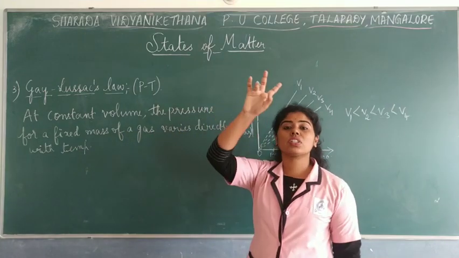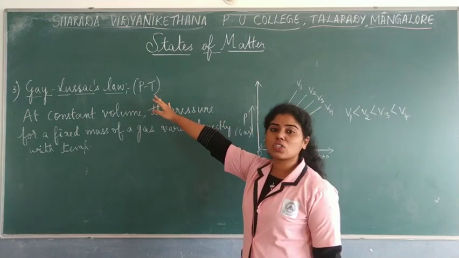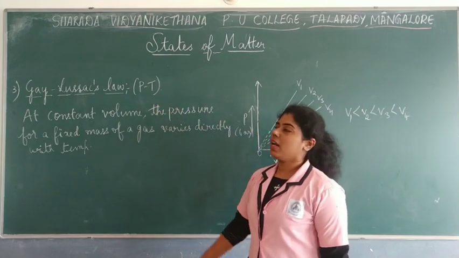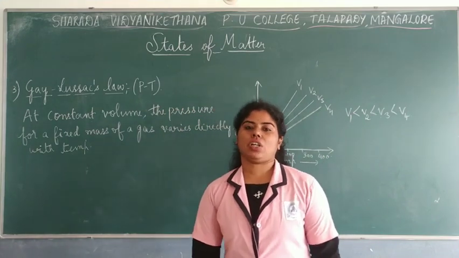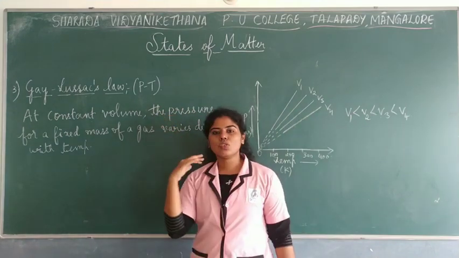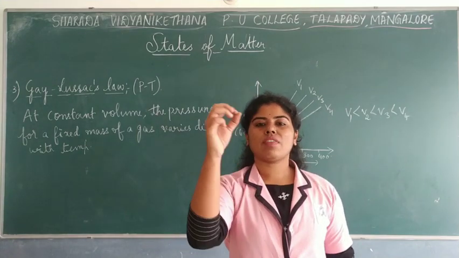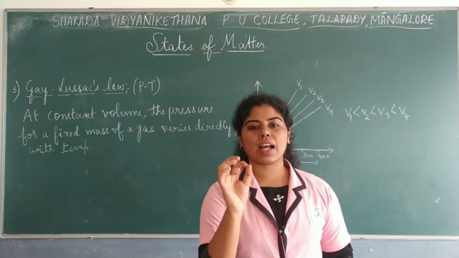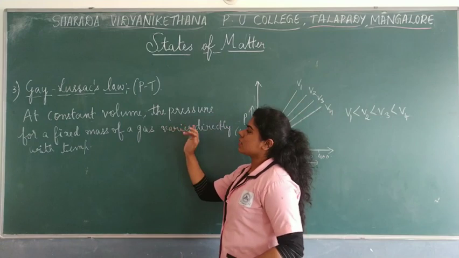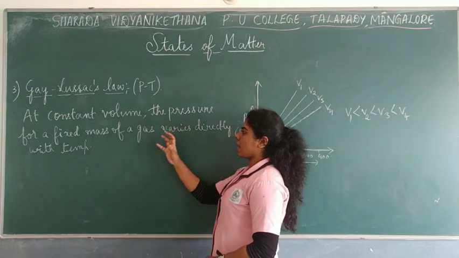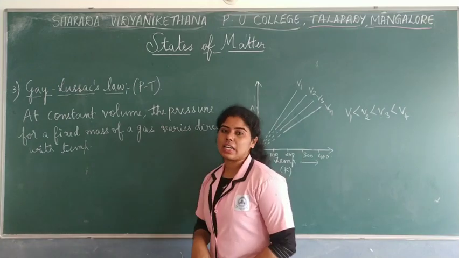So the first one was the PV relationship, pressure and volume. Then we had temperature and volume. Then we have P and T, that is pressure and temperature. You have to note each of these laws. Do not get confused about what is what. You have to have a great idea about what exactly each law says. So Gay-Lussac's law says that at constant volume the pressure for a fixed mass of gas varies directly with temperature.